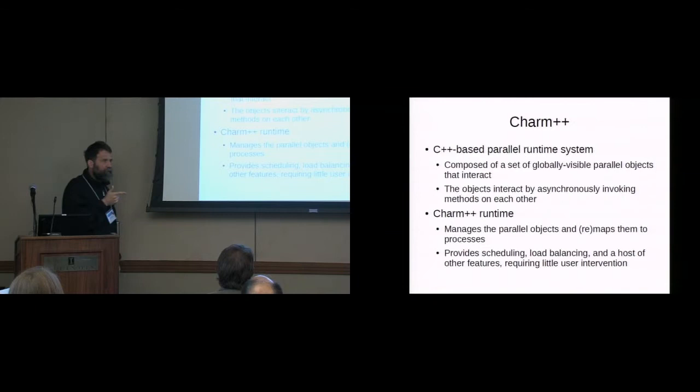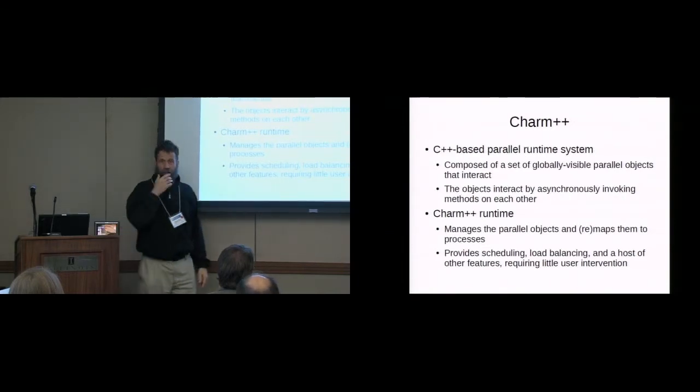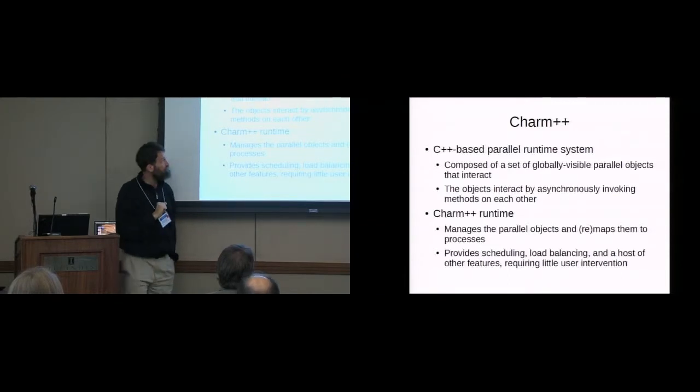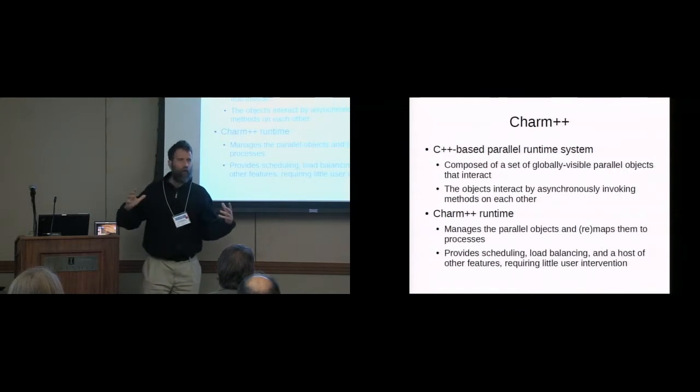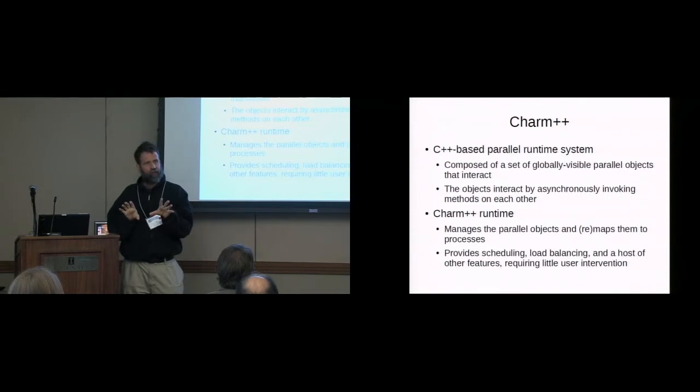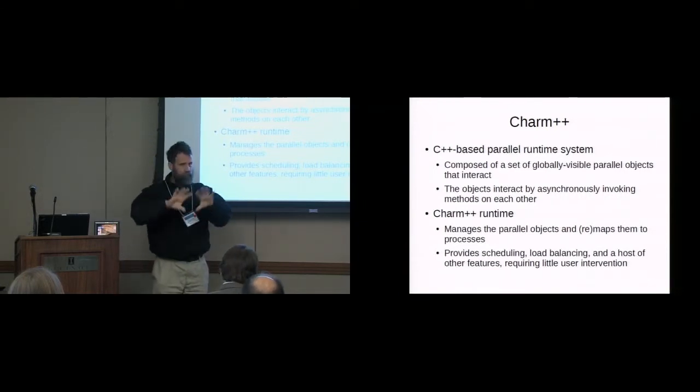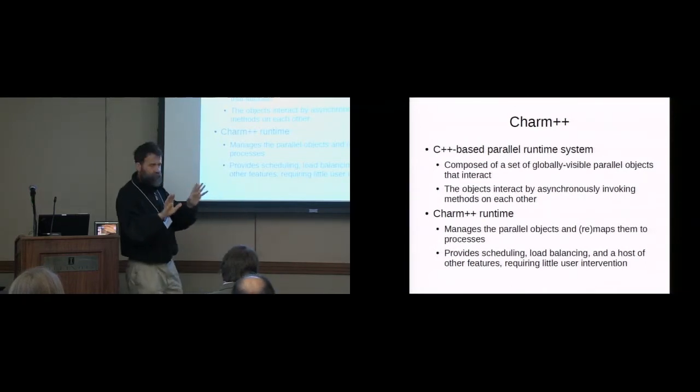Now, I wanted to talk a little bit about how we do the simulations and our collaboration with the Parallel Programming Lab. They have this language they call Charm++, a C++-based runtime system. The idea here is that you over-decompose your problem into many more domains than you have processors, and the runtime system takes care of placing them on processors to do the load balancing, and by doing that, you're able to overlap computation with communication.